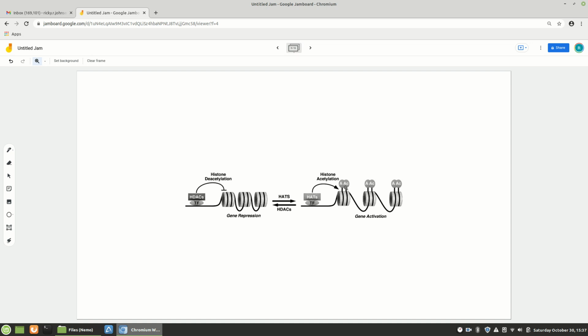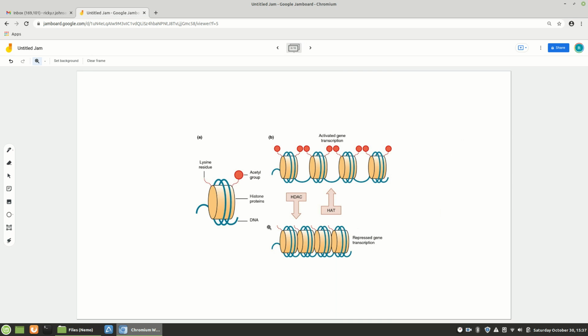When we acetylate it, we're changing the chemical nature of it, and it's altering how well the DNA wraps around it, whether it wraps tightly or loosely, more or less. So we need to go on and look at this.